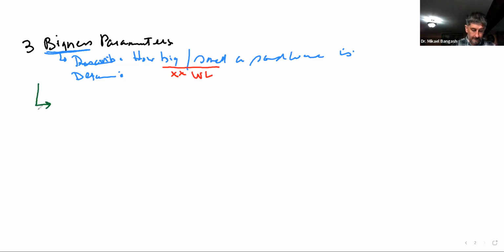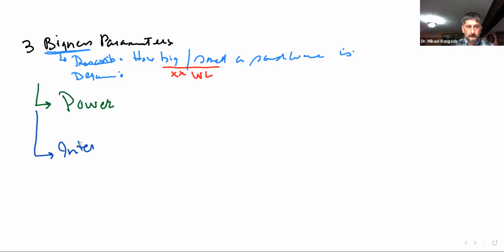Now the three bigness parameters are power, intensity, and the last one is a term that we have already talked a bit about or briefly mentioned: amplitude.